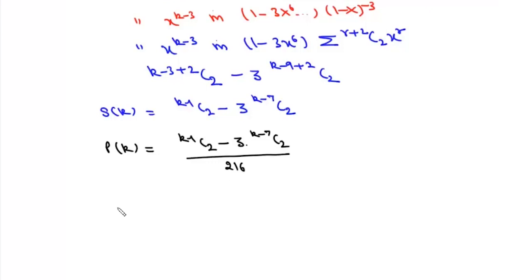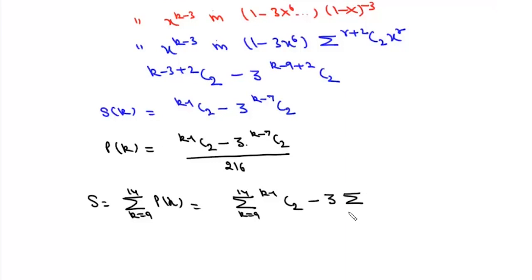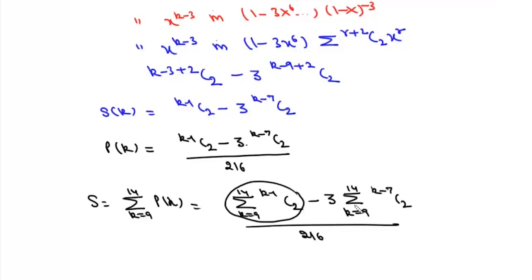Now we need to find this S, which is the summation k varies from 9 to 14 pk, and which will be the summation of k minus 1 C2 where k varies from 9 to 14, minus 3 times the summation k varies from 9 to 14 of k minus 7 C2, divided by 216. Now we need to solve these two summations.